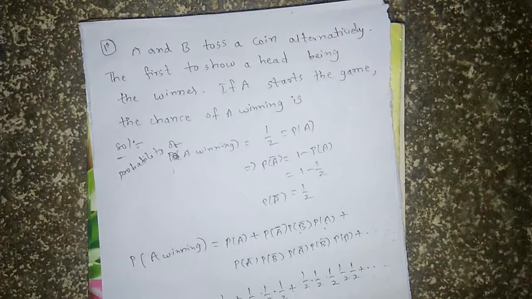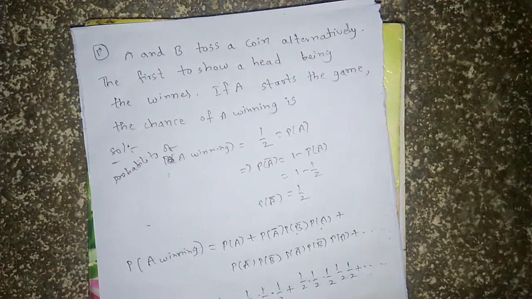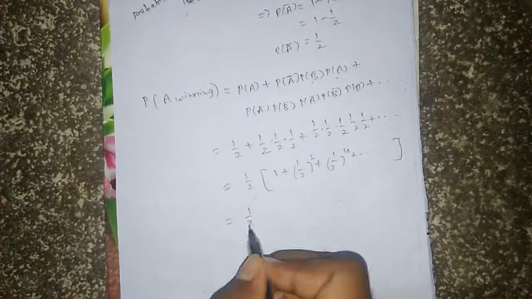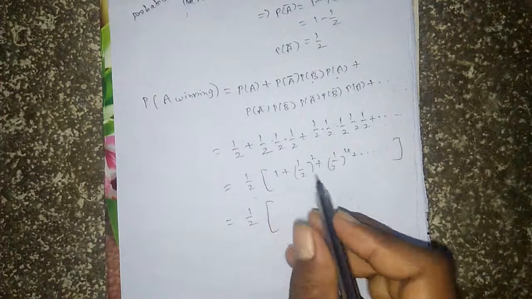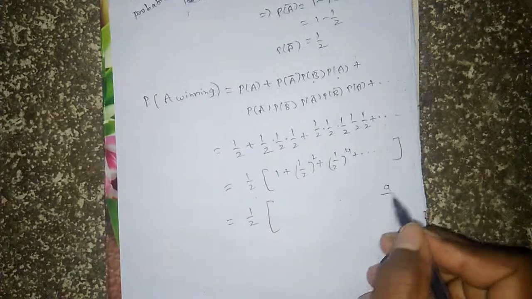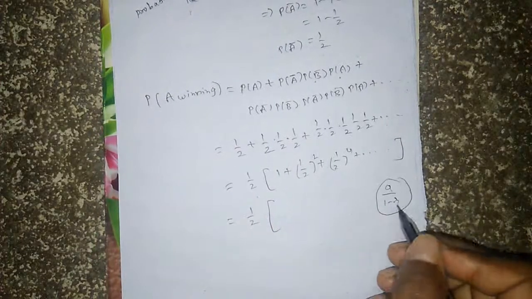So if we take 1 by 2 common, 1 plus 1 by 2 square plus 1 by 2 power 4 and so on up to infinity. This is an infinite GP, sum is A by 1 minus R. A is the first term, R is the common ratio.